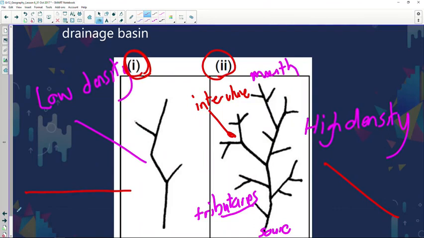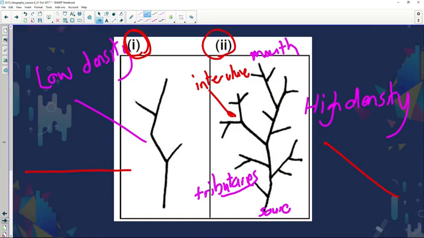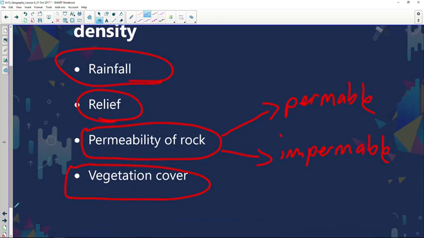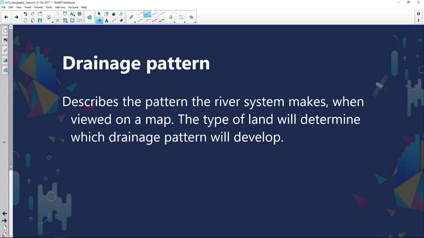And if there's less vegetation cover, the chances that it's going to be a high density drainage basin is more likely. So the four factors are very similar to our indirect runoff and direct runoff. Surface runoff, groundwater runoff.